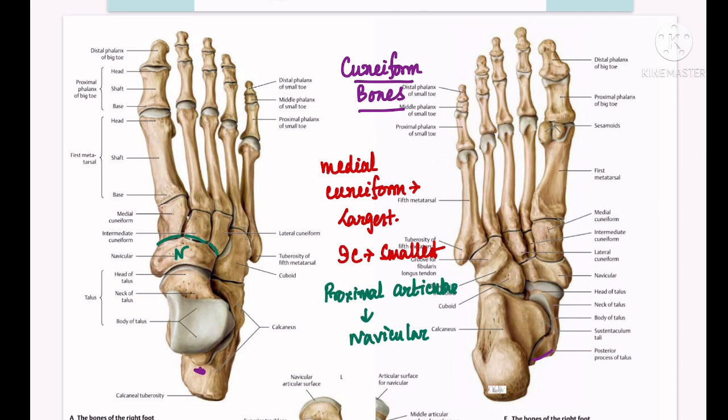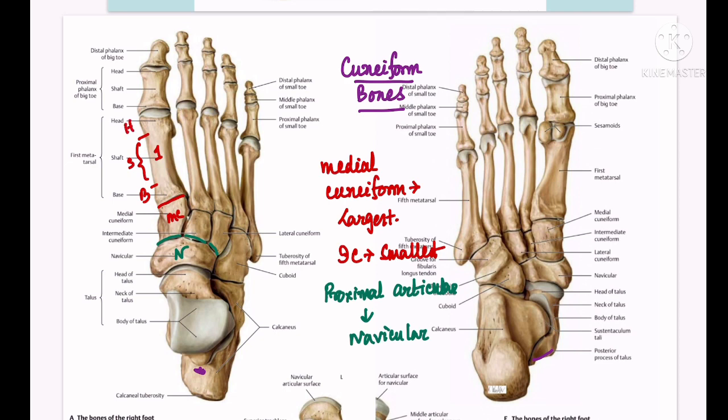Now we are going to discuss the distal articular surface. The distal articular surface of the medial cuneiform articulates with the base of the first metatarsal. This is the first metatarsal having base, shaft and head.